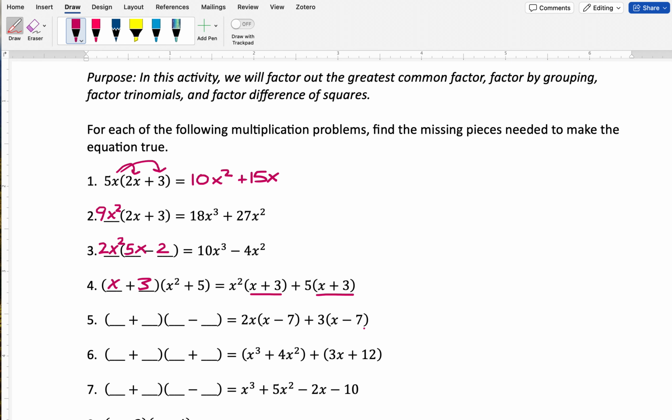Number 5 is going to be kind of similar. So we have x minus 7 as a common factor in both terms. And then for the other set of parentheses, it's going to be the pieces that are left after factoring out x minus 7, which is going to give me 2x plus 3.